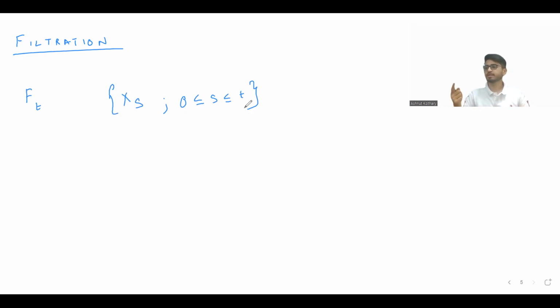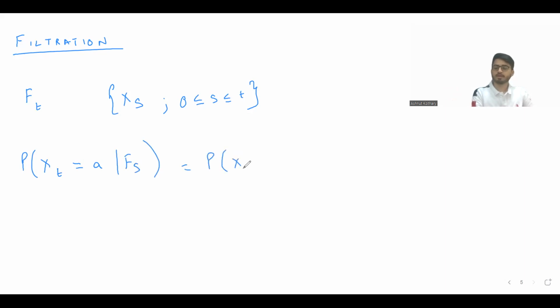So if you want to talk about the Markov property, this is the way I could write it: probability X_t equal to a, given F_s, is nothing but probability X_t equal to a, given X_s. F_s means what? Given the values at all points of time from time 0 to time s.